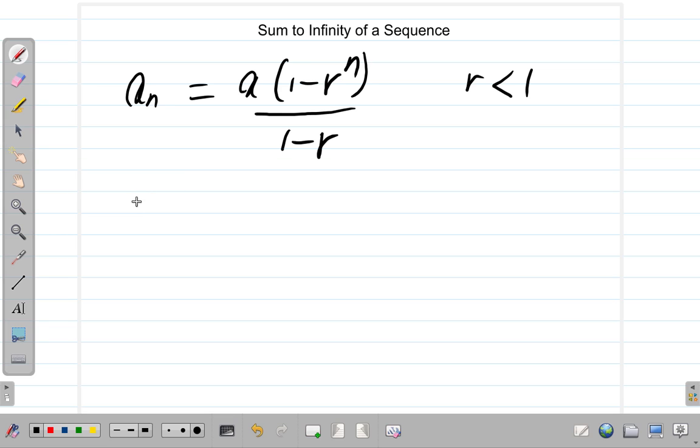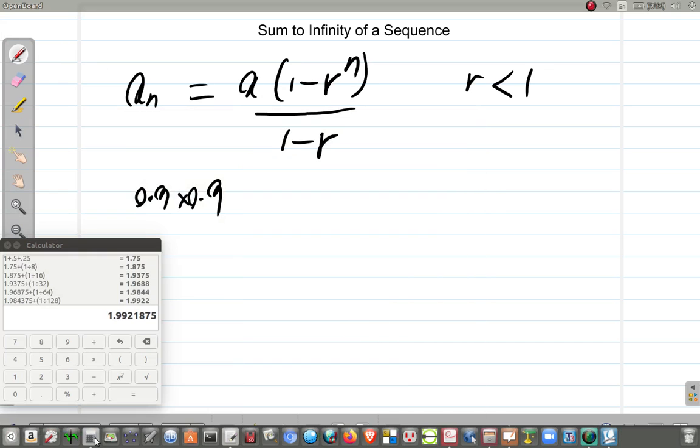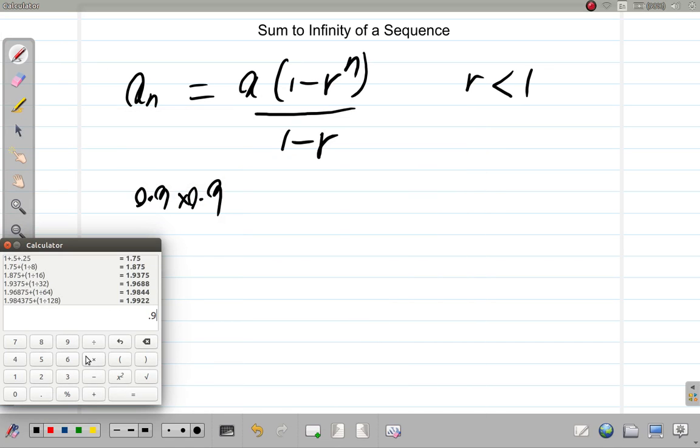For example, if r is 0.9, all right, 0.9 to the power of 2 would be 0.9 by 0.9. Let's use our calculator. It would be 0.9 times 0.9, which is 0.9 squared, which is 0.81, times 0.9 again, which is 0.9 cubed, 0.729, times 0.9 again, which is 0.9 to the 4th, times 0.9 again, which is 0.9 to the 5th.